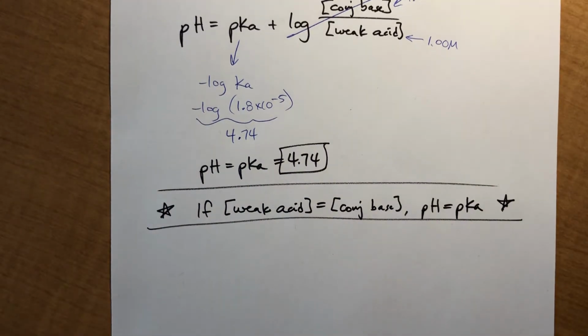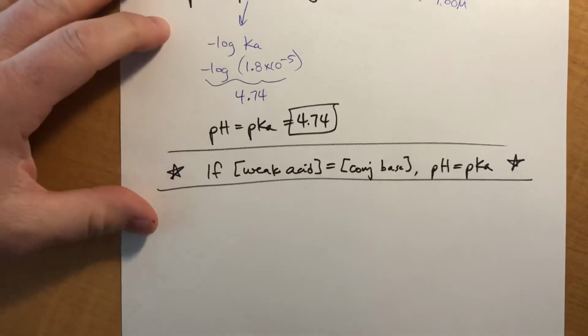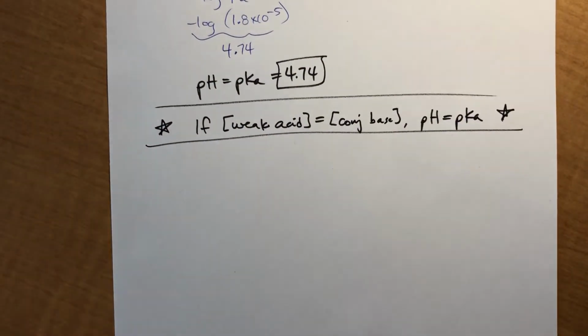Now, let's try one where they're not the same, so that you don't think this is the answer every time. Or let's try one where we need to solve for something besides pH.